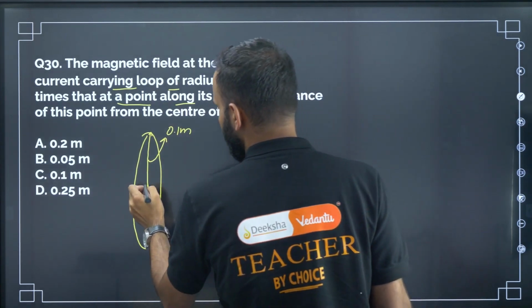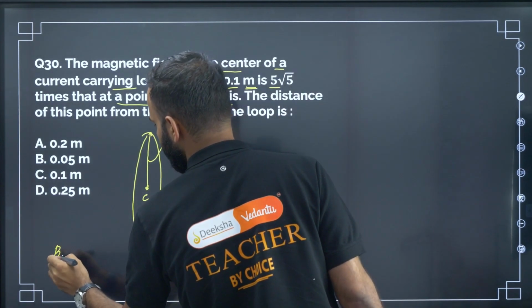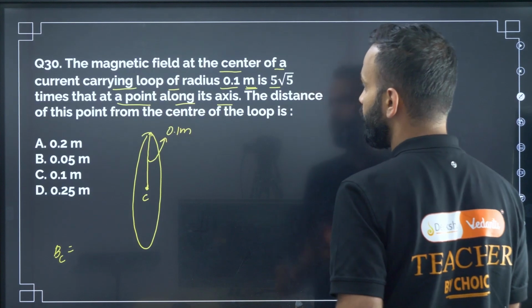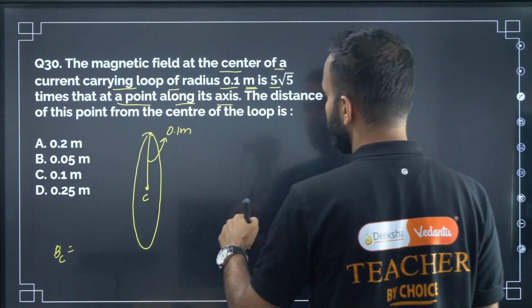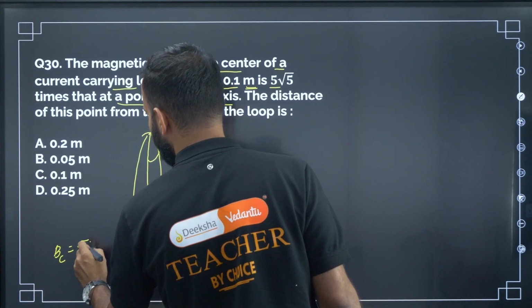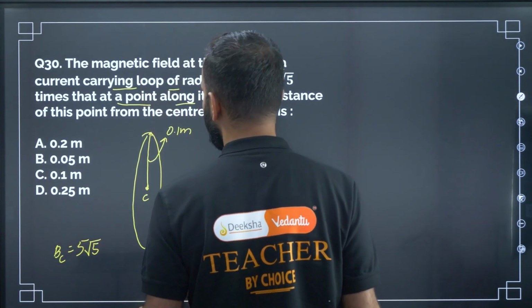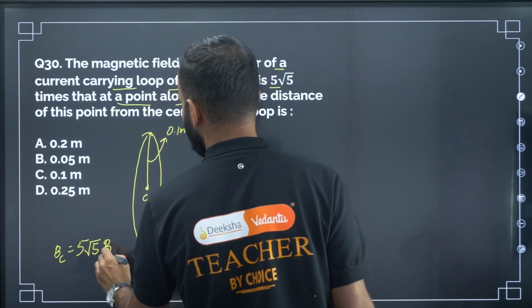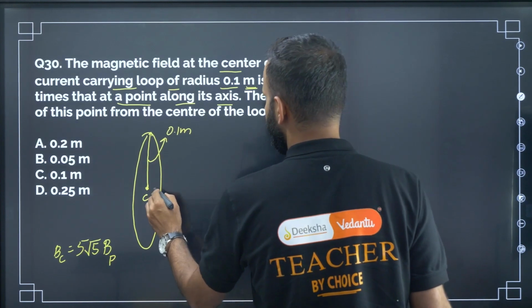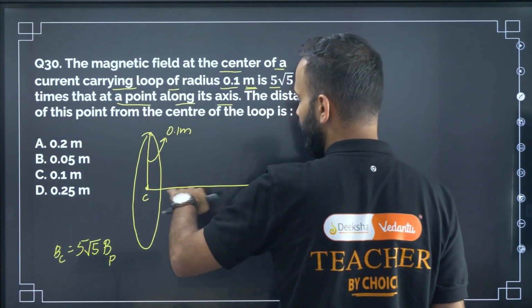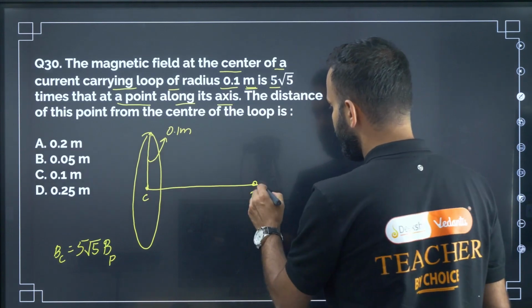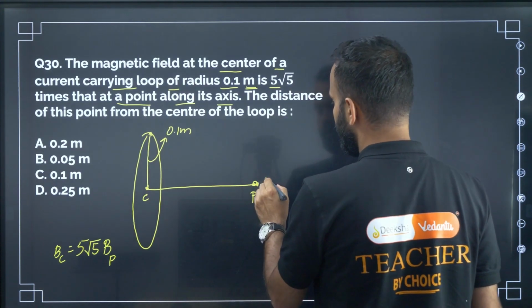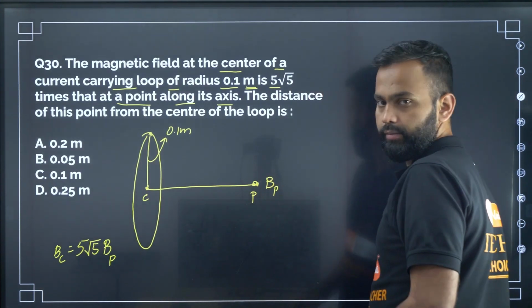So magnetic field at C is equal to 5 times root 5 times the magnetic field at point P, which is lying on the axis of the loop. At point P, the magnetic field is BP.